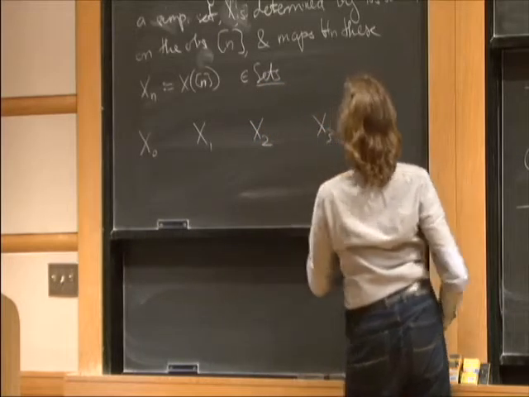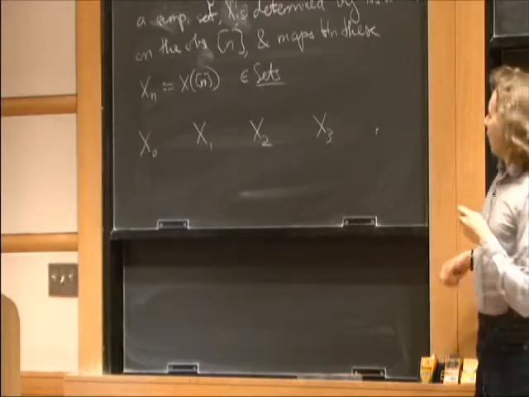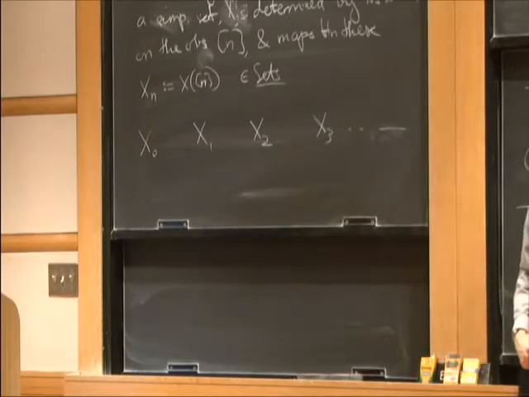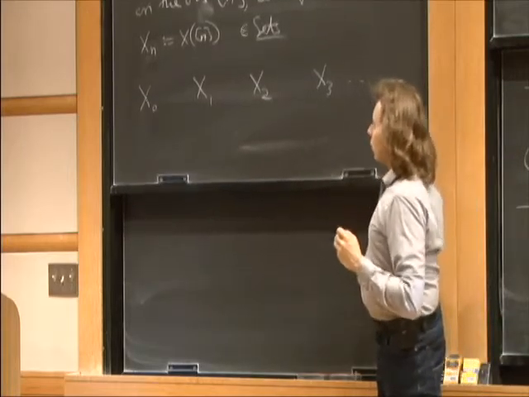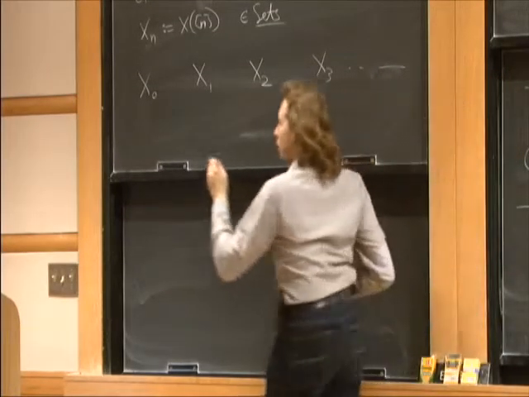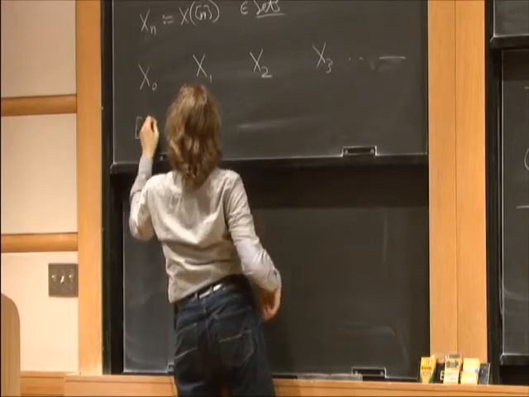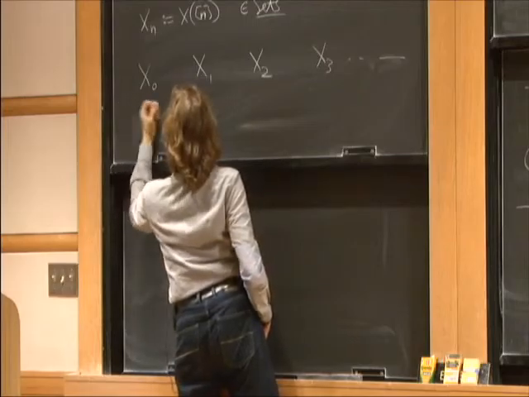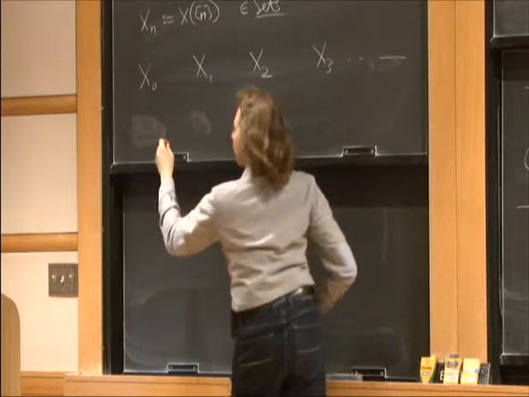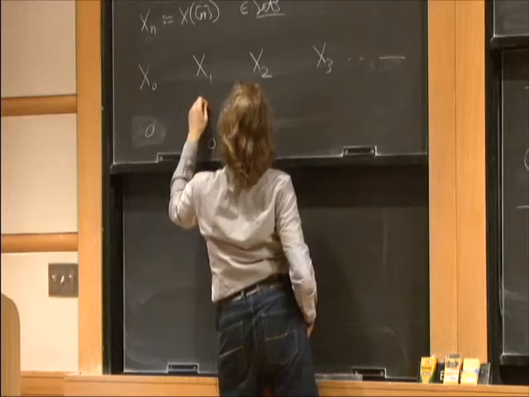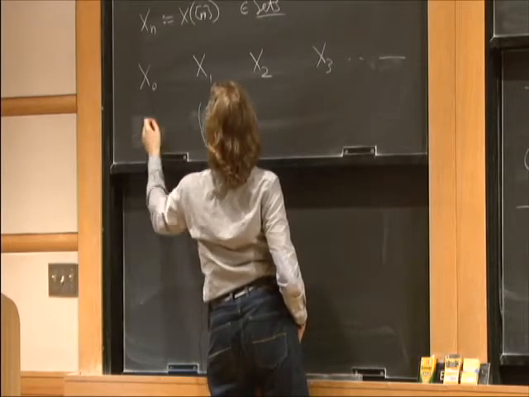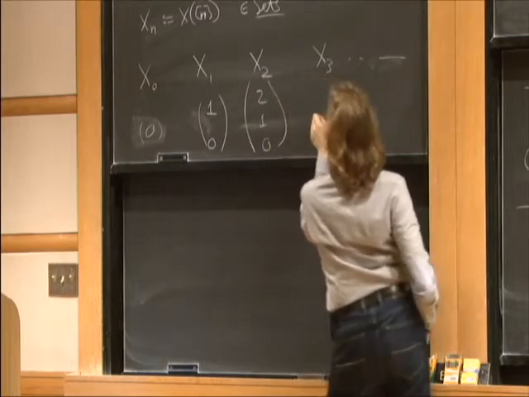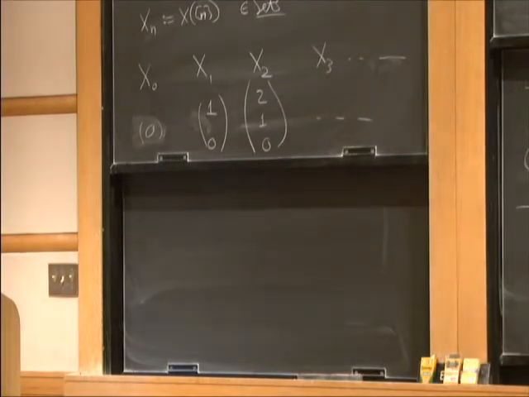So looking at just the first few dimensions, we have a few sets like this, and what maps between them do we have? Well, they're going to correspond in the opposite direction to maps between the appropriate orders. So we've got 0, 0, 1, 0, 1, 2, and so on.